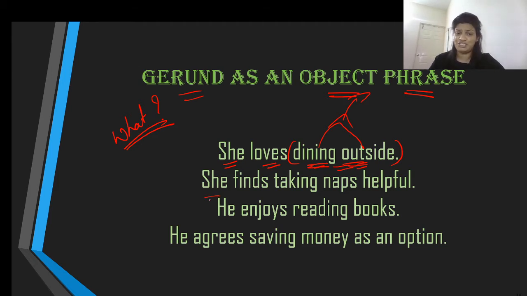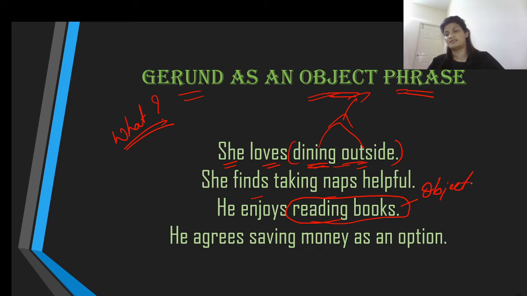Similarly, she finds taking naps helpful. What does she find helpful? She finds taking naps. Again, the answer is not just one word, but two different words. Therefore, object phrase. He enjoys reading books. What does he enjoy? Reading books. The answer is reading books. Therefore, our object phrase.